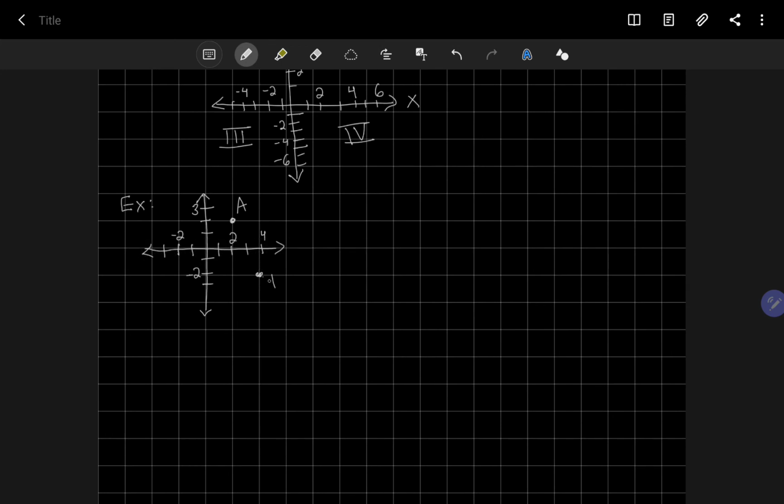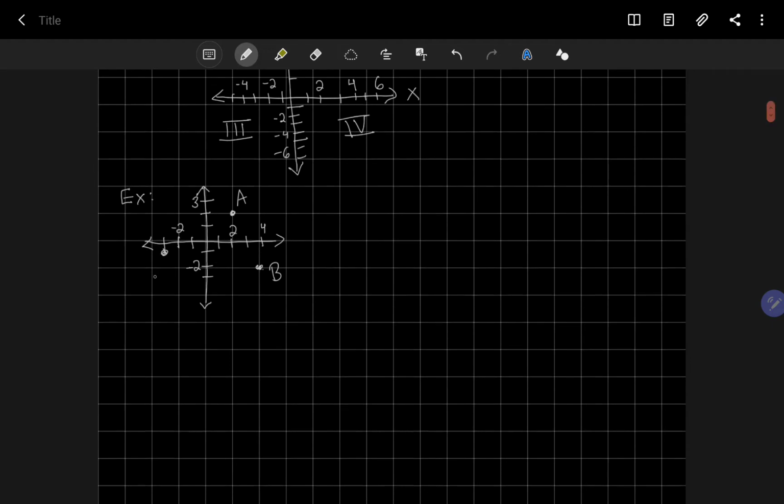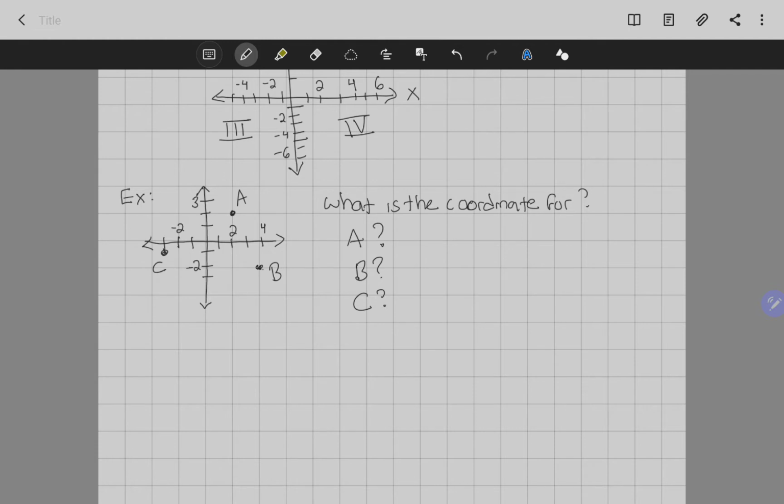This is A, this is B, and let's say we have one somewhere in here, and this is C. Then we're asked to explain what the ordered pair is for each of those. So what is the coordinate for A, B, and C?